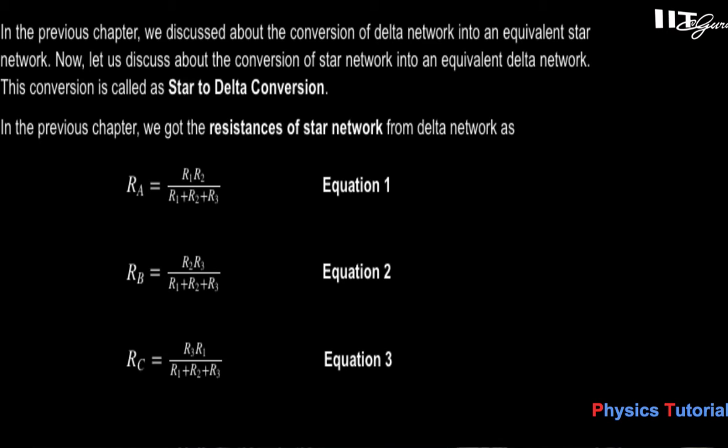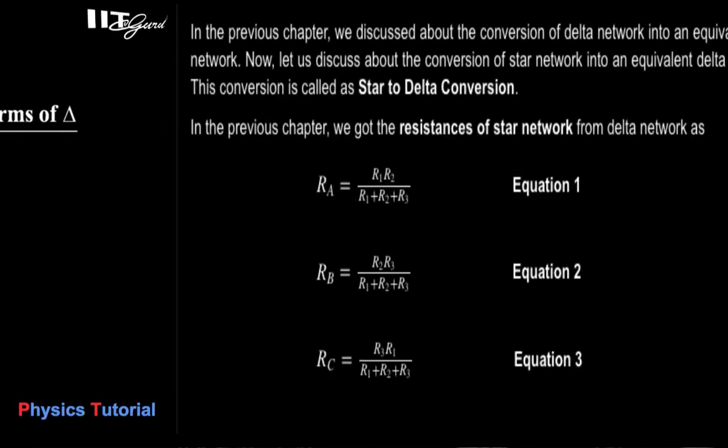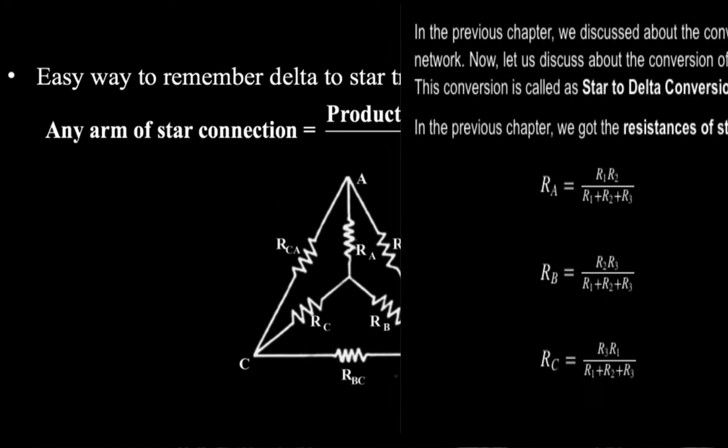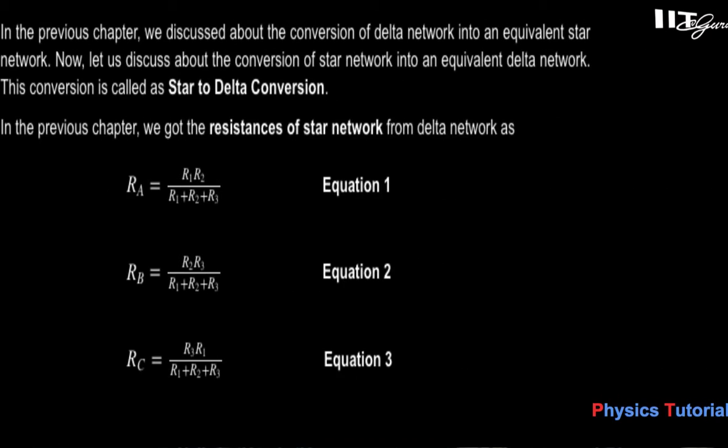RA equal to, once again the same equation, R1 R2 upon R1 plus R2 plus R3. We have already learned how to evaluate RA, RB by making the product of adjacent arms and dividing by the sum of arms of delta. So RA equal to R1 R2 upon R1 plus R2 plus R3, RB also and RC.